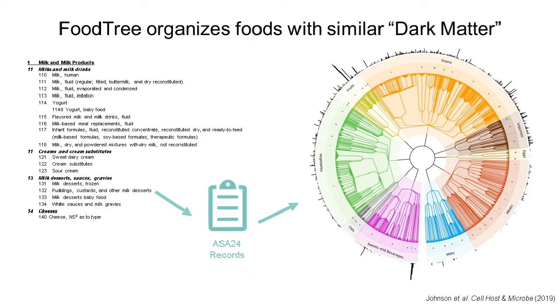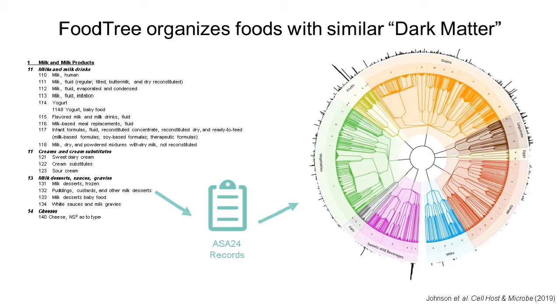And fortunately, Abby had this insight that we could find some underlying structure that would help us share information between related foods. And what she noticed was that the food database that we were using was already organized hierarchically.